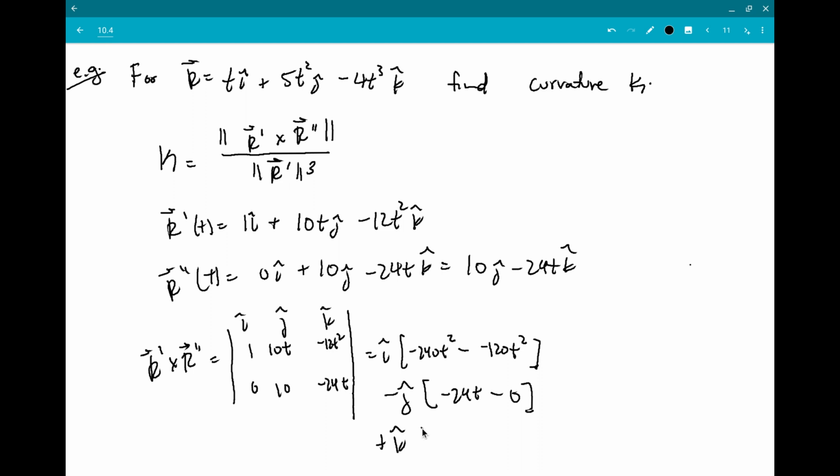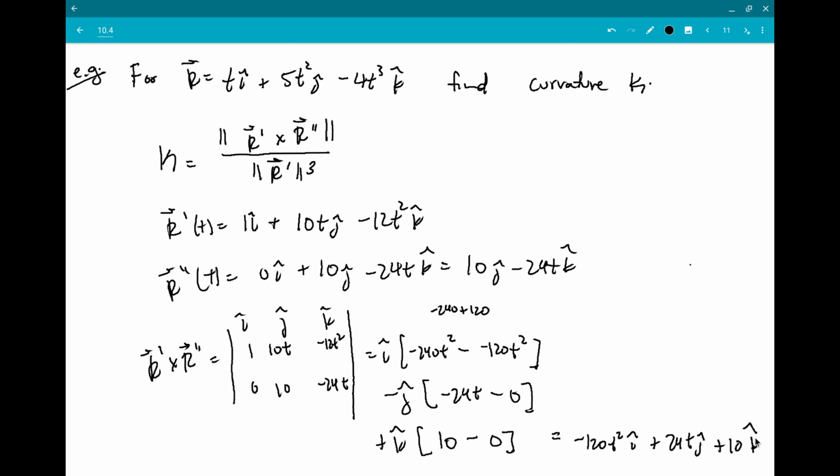Plus k hat times 1 times 10, 10, minus 10t times 0 is just 0. So this is going to give me altogether minus 240 plus 120, which should just give me minus 120t squared i hat. Minus 24t times negative gives me plus 24t j hat, and then plus 10 k hat.